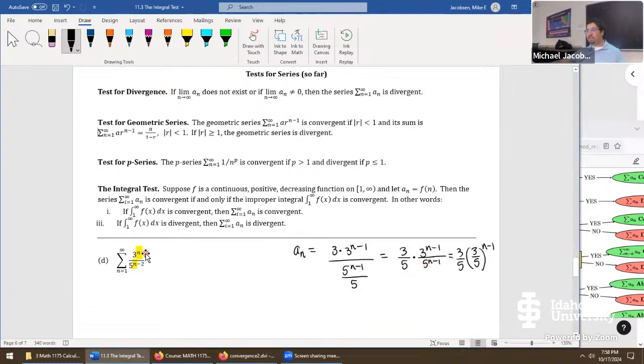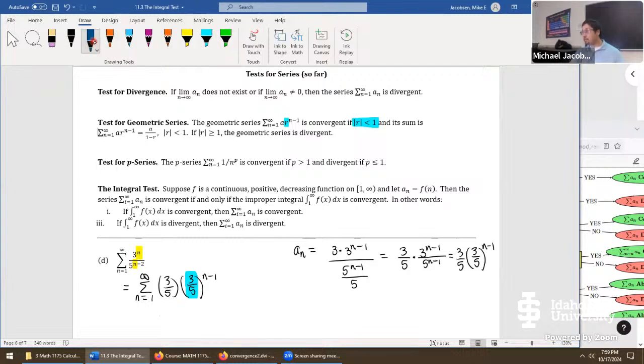So that's the better way to view this thing. Now coming back over here, we can say it's a summation as we go from 1 to infinity of 3/5 times (3/5) to the power n minus 1. The most important thing about this when we're thinking about convergence divergence is that right there.